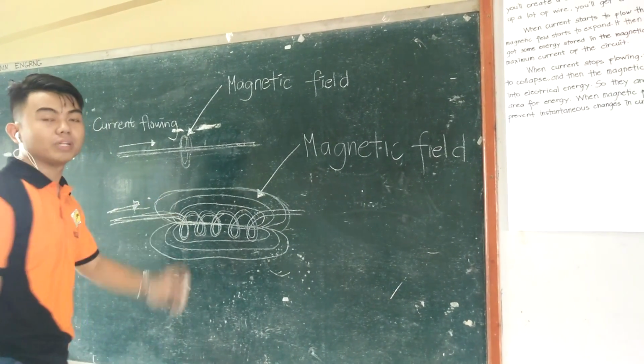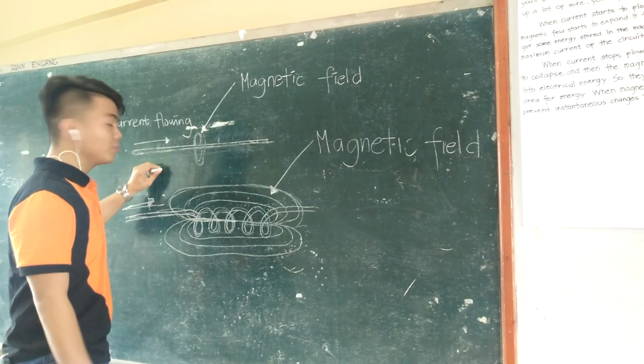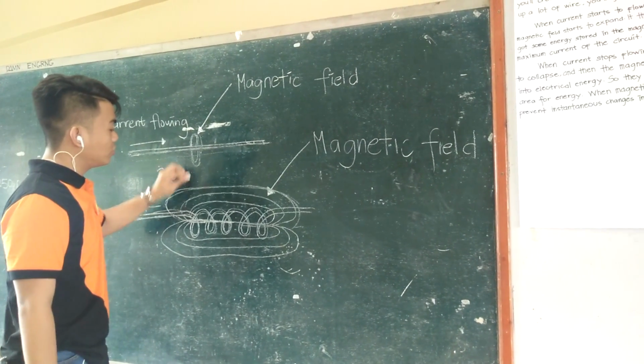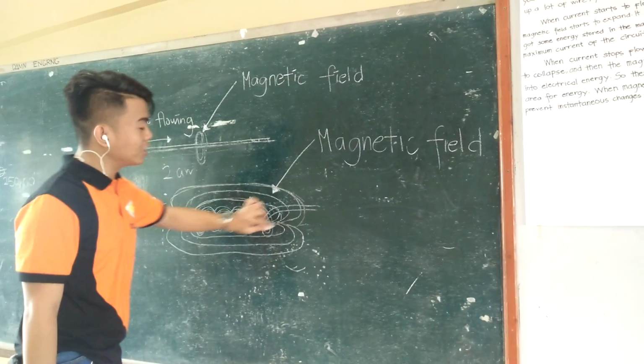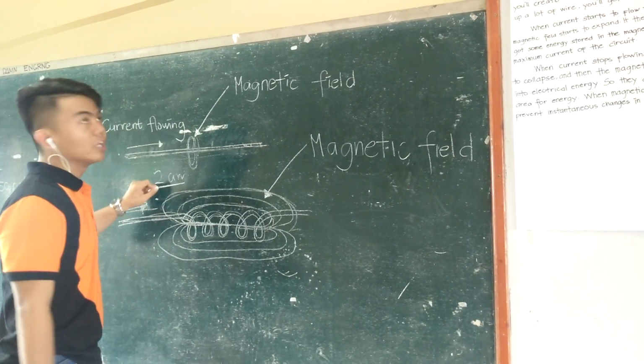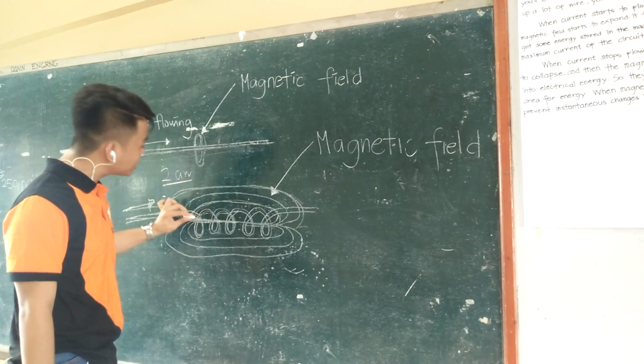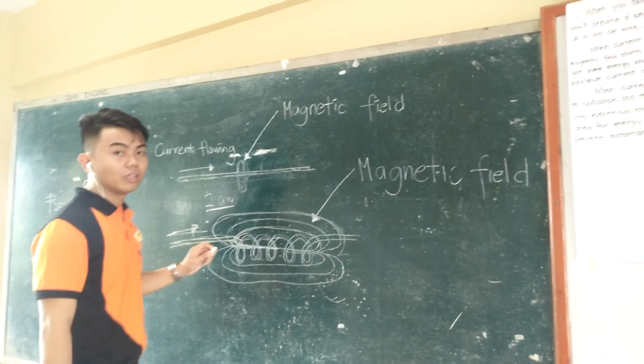Basically, if the maximum current of the circuit is 2 amperes, the magnetic field will stop at about 2 amperes or 1.99 amperes, something like that.